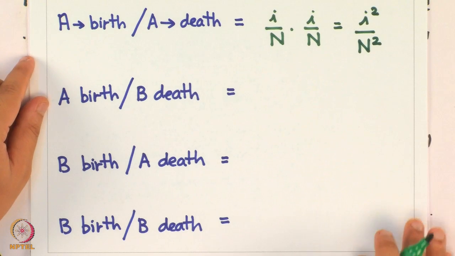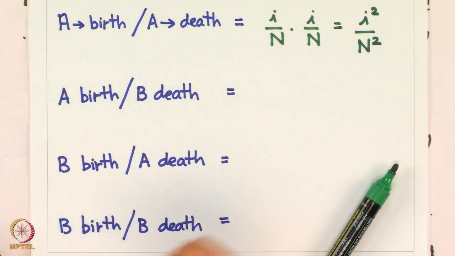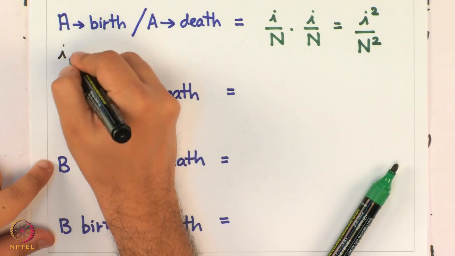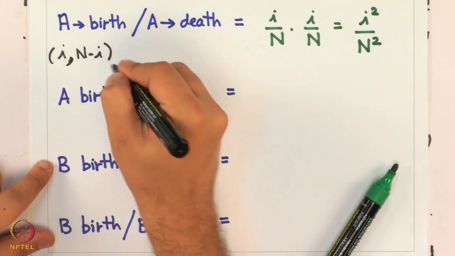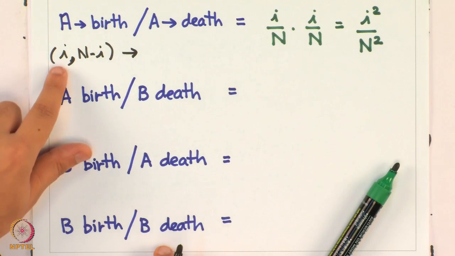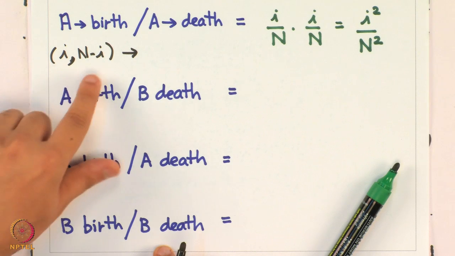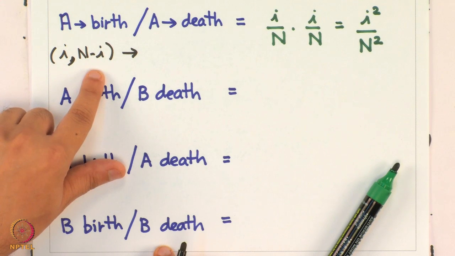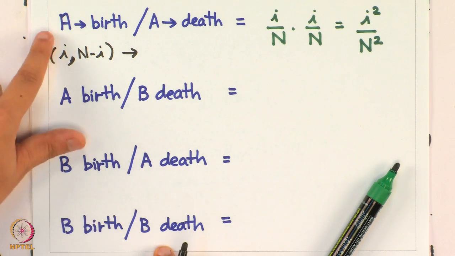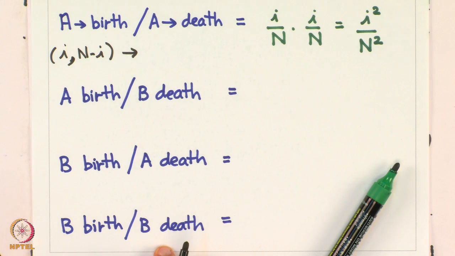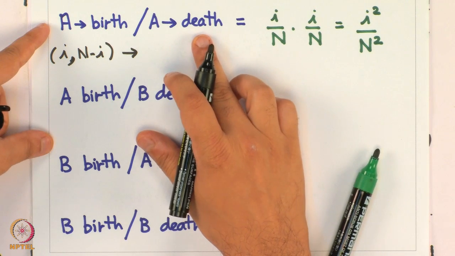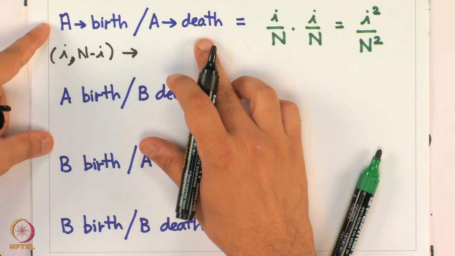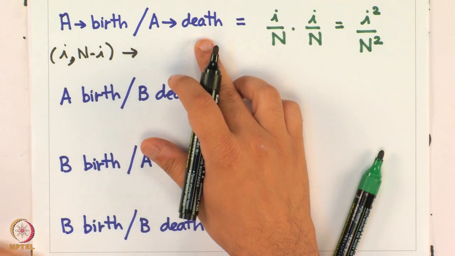What does this do to the number of the cells? So I started my system at i and n minus i. This was the state of the system, which represents the number of individuals of genotype A and the number of individuals of genotype B. If I am choosing A for birth, that means the number of A individuals goes up by 1 because the progeny is going to belong to genotype A. But since I am also choosing a genotype A individual for death, that means the number of A individuals comes down by 1.